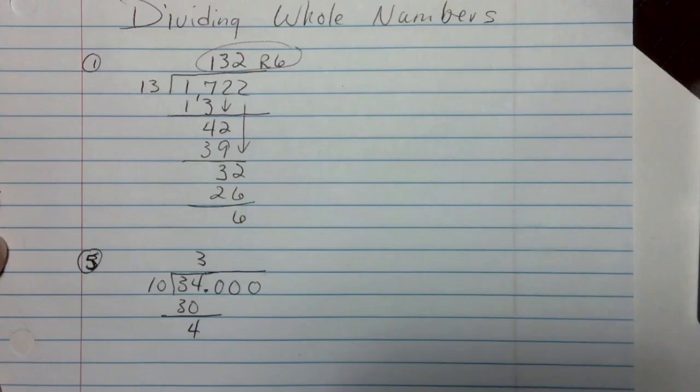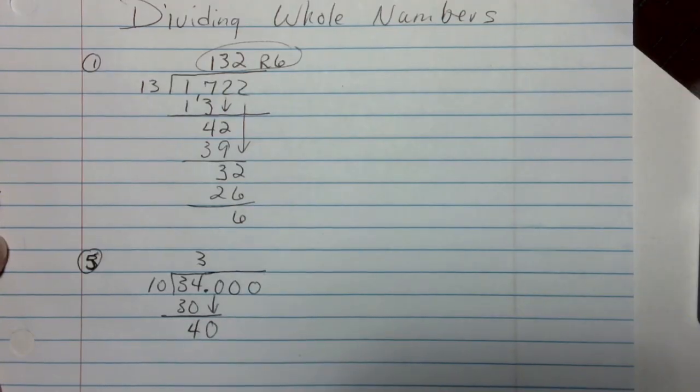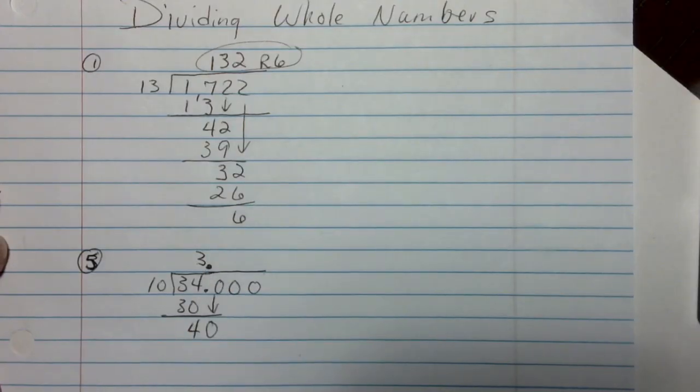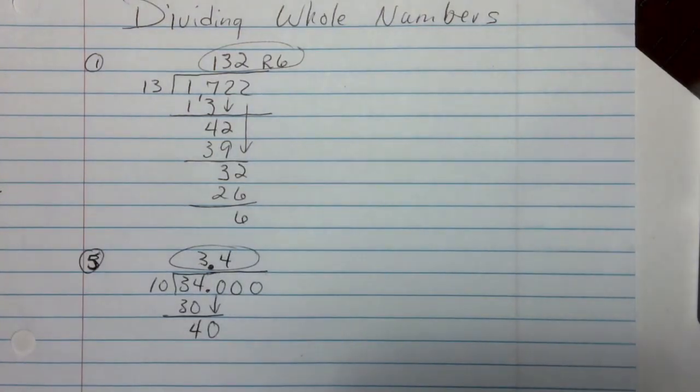So that means I can bring down a 0 and keep going. So then that decimal has got to be written right behind that 3, because that's where I started adding on the zeros. Then 10 will go into 40 4 times, so your answer should be 3 4/10. And there's your answer in decimal form. It would be 3 with a remainder of 4, or it's 3 4/10.